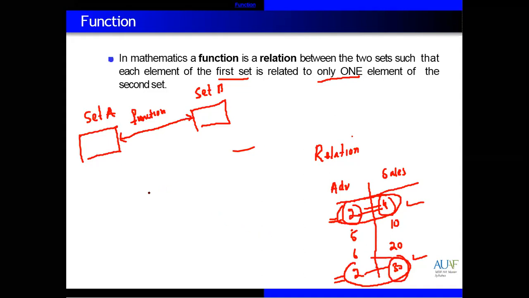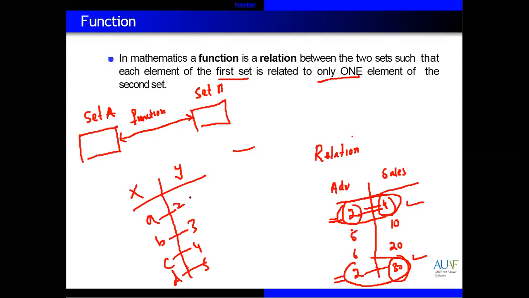So if we have, for example, X and Y two sets, A with 2, B with 3, C with 4, and let's suppose D with 5. Each element from set Y is related to only one element of X. Correct?